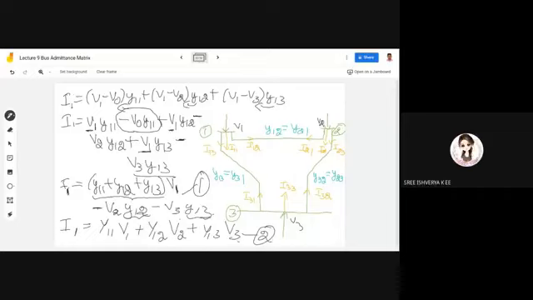Sir, how can Y12 and Y13 in V1 be transfer admittance? Yeah, I'll be saying, there's another formula for that. I'll be writing it next. I'll give you 2 minutes, you just see through this.